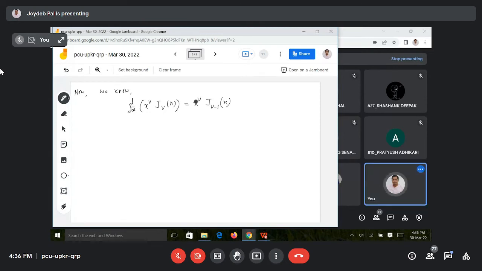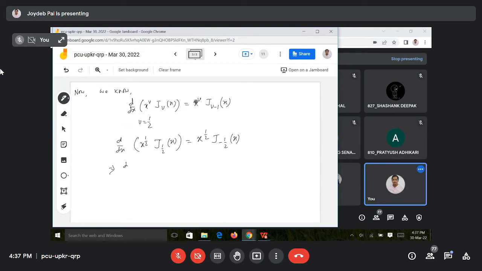Now, if you take nu equal to half, it will be the relation between J half and J minus half, right? Are you getting it or not? I am taking nu equal to half, so it will be d/dx of x to the power half J half x is equal to x to the power half J minus half x.